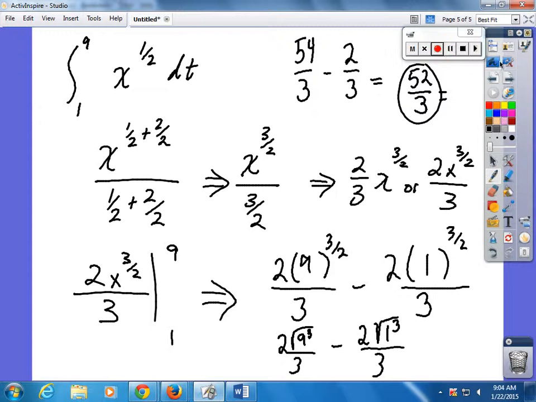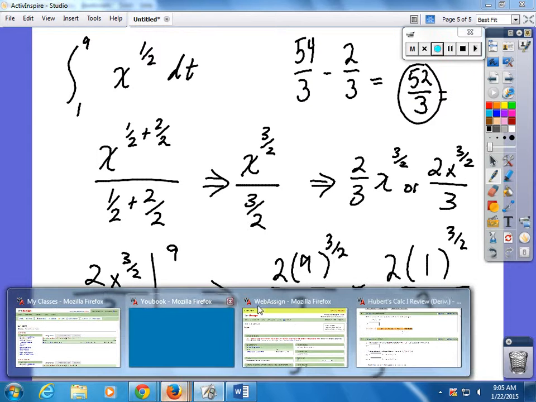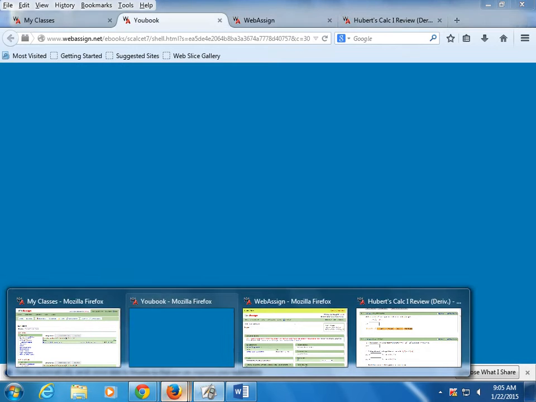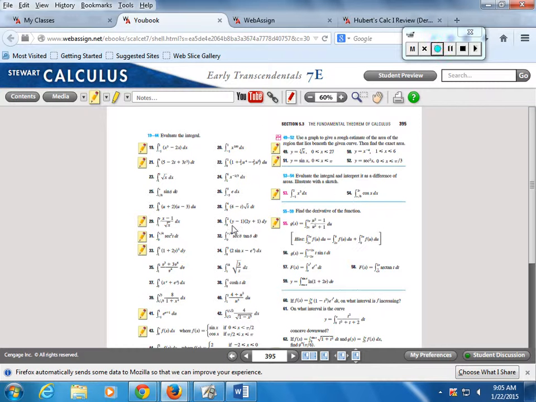All right, let's do a couple other ones that y'all were picking out. And I think y'all picked out the e to the x. And let's do a trigonometric. Okay, 26.